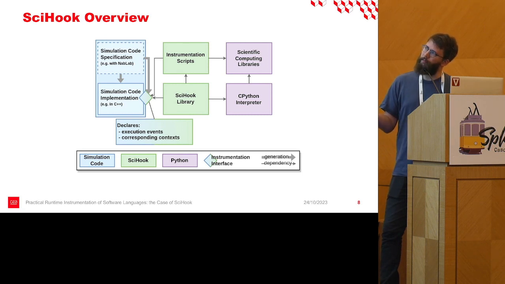The SciHook library will be able to execute those scripts when the execution events are raised by the simulation code. To do this, the library interacts with the CPython interpreter to be able to actually run the scripts. And the user has access to all the scientific computing libraries that they are used to using for analyzing the results of their simulation.